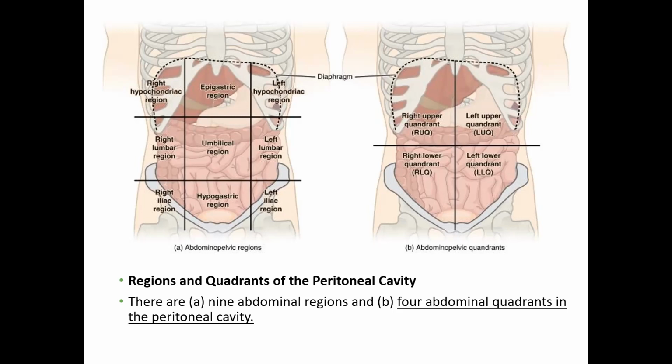take the regional view of the 9 distinct regions: the umbilical region in the front, in the center, the hypogastric and epigastric below and above the umbilical, the right and left hypochondriac, the right and left lumbar, and the right and left iliac regions.